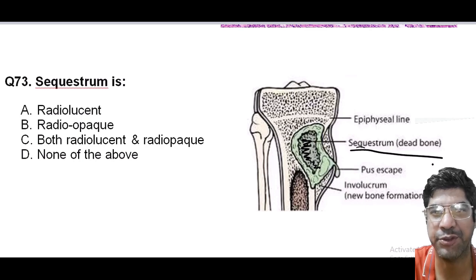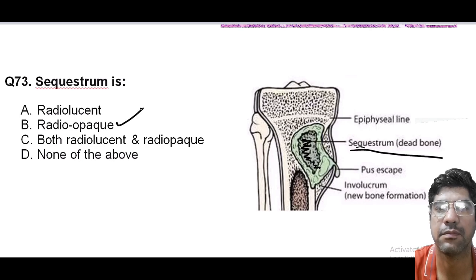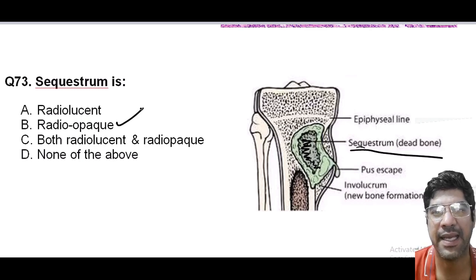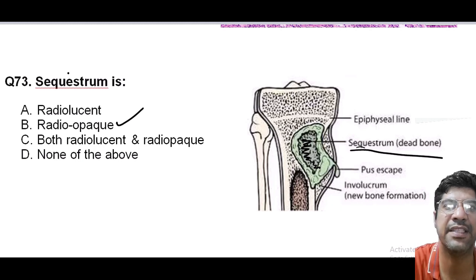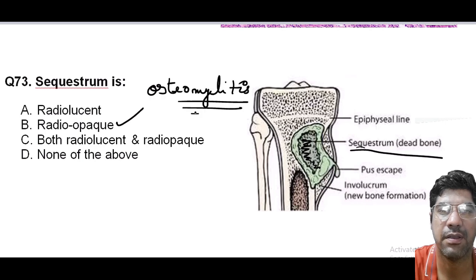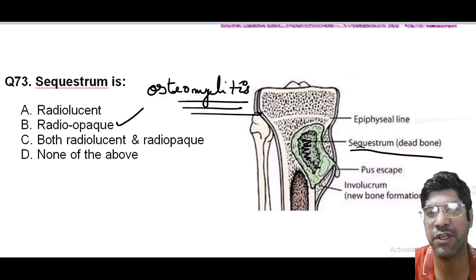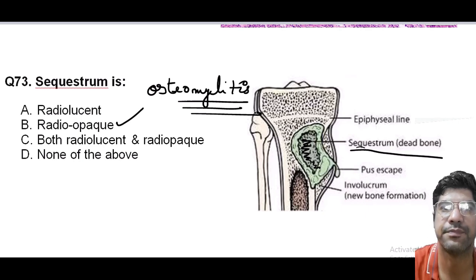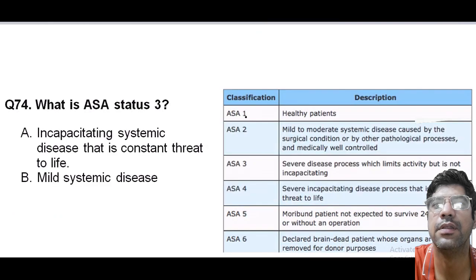So these sequestra are radiopaque, meaning that they appear radiodense and white on X-ray images due to their calcified nature. So they are seen in conditions like osteomyelitis, where a portion of bone dies and becomes detached from the rest of the bone.